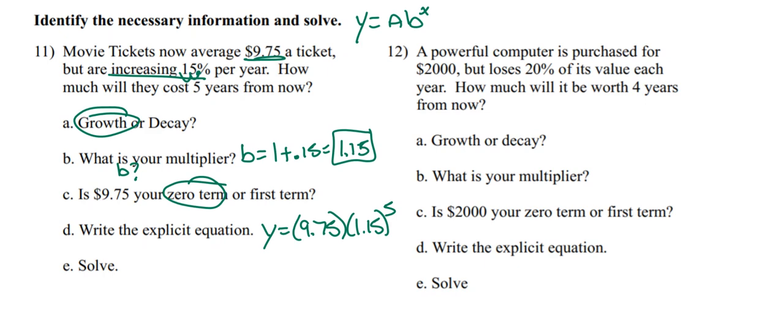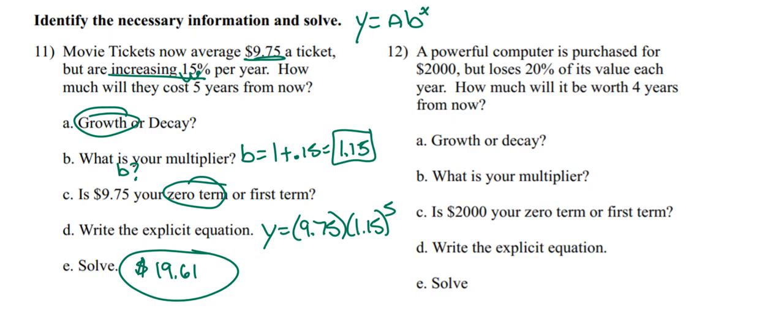And then you could just put all of this in your calculator. 9.75 times 1.15 to the 5th. So my answer is $19.61. Now, because it's money, I normally say round to the nearest tenth, but because it's money, we're going to go to the penny. So we'll do 19.61.